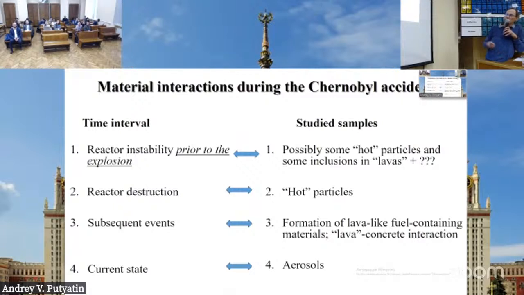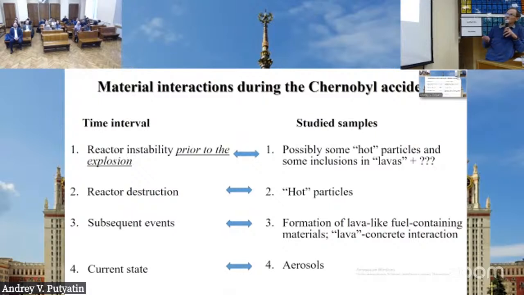And well, let's consider all these possible processes in case of the Chernobyl accident. First of all, what's going on during reactor instabilities prior to the explosion? We probably form some precursors to some hot particles which were later expelled from the reactor.